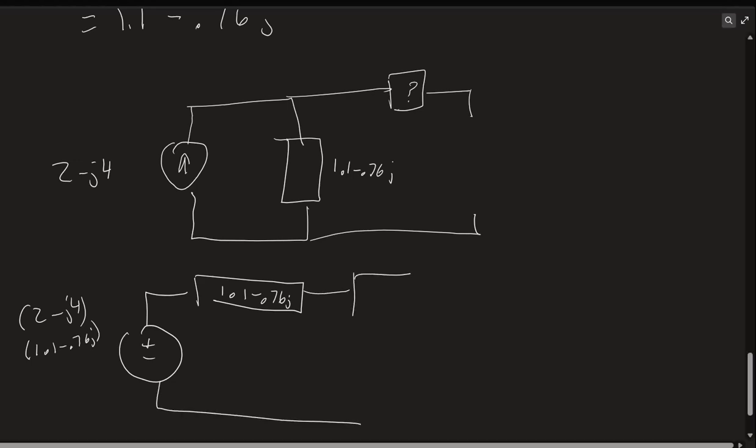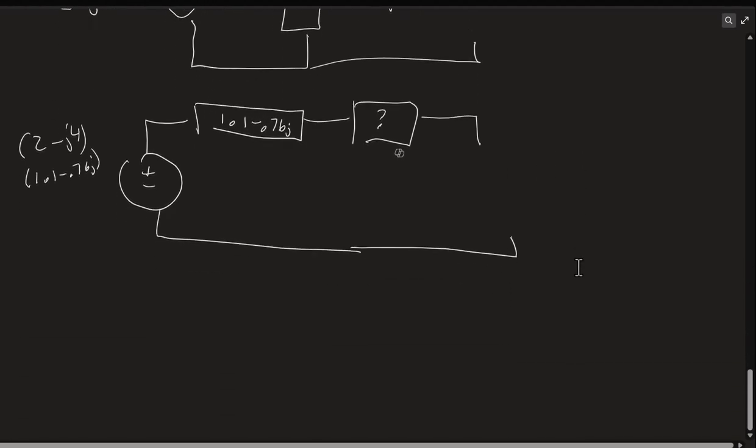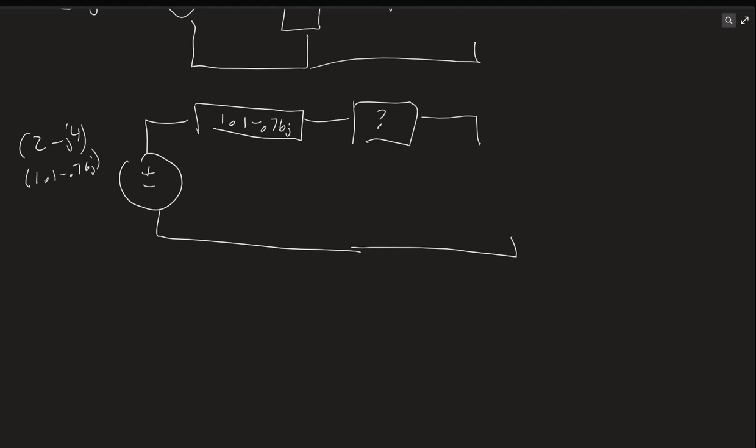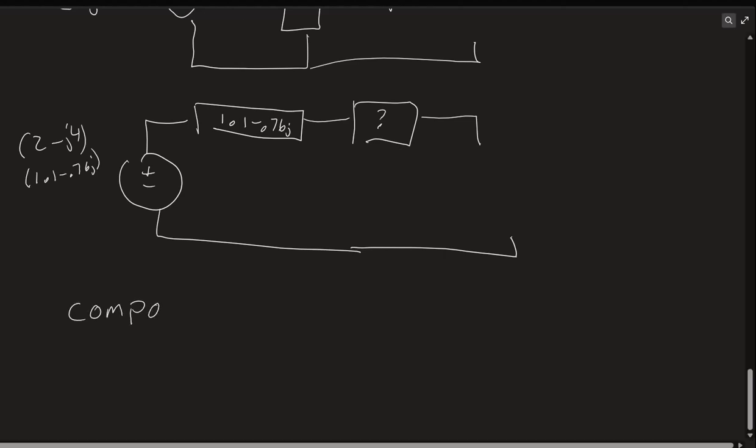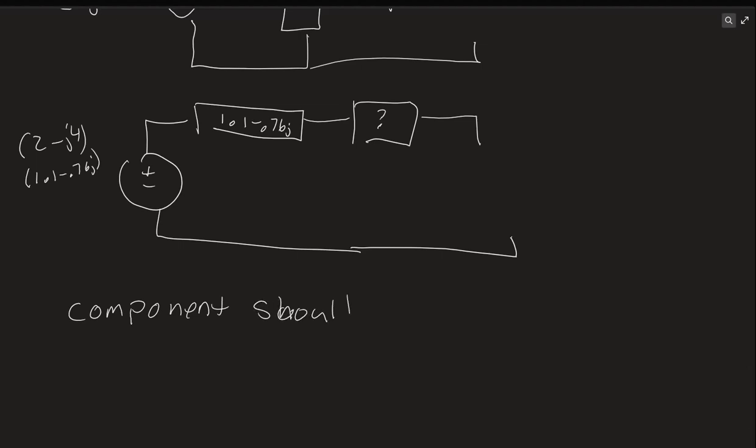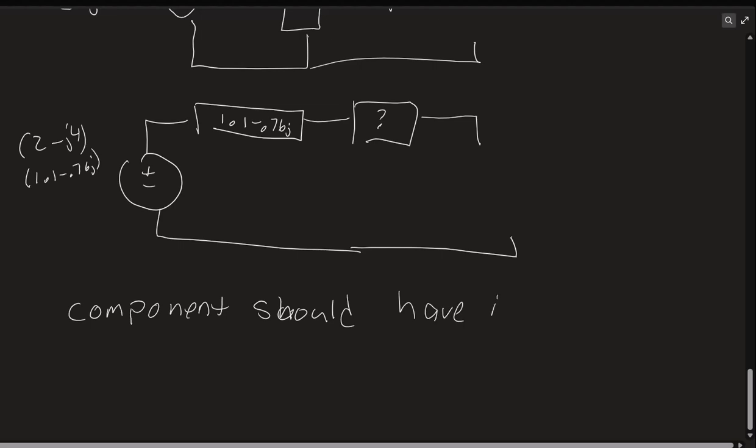And now I want to figure out what kind of component I can put in here so that my total impedance is entirely real. So it should have an impedance such that when I take 1.1 minus 0.76j plus this z, I get a real number.